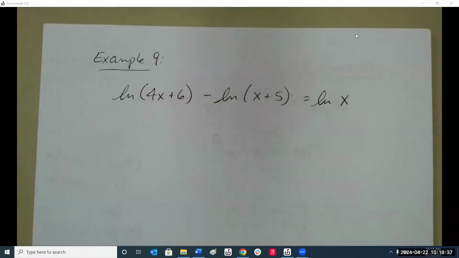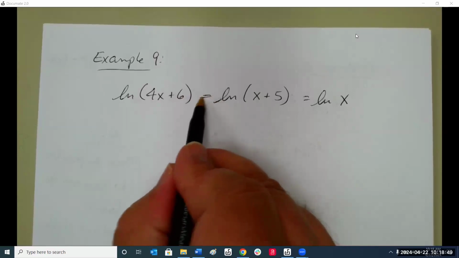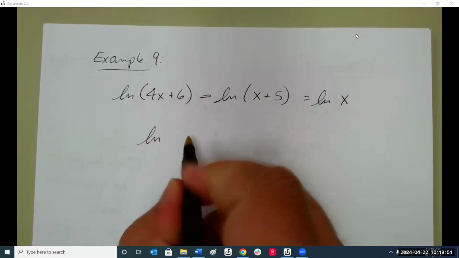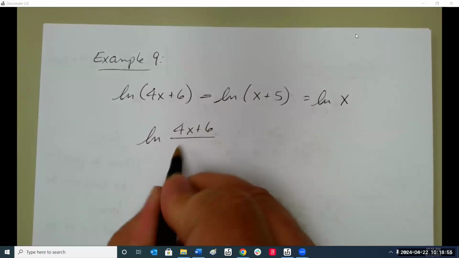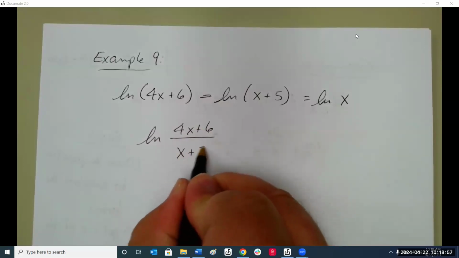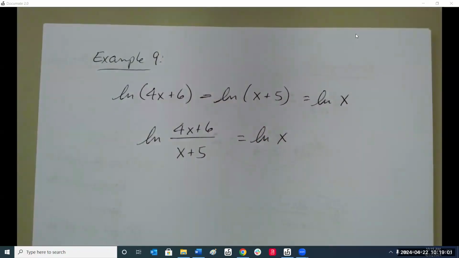Okay, so what do we do? Well, we combine these when we can. Since it's a minus, we have the quotient rule, which gives ln of (4x plus 6)/(x plus 5) equals ln x.